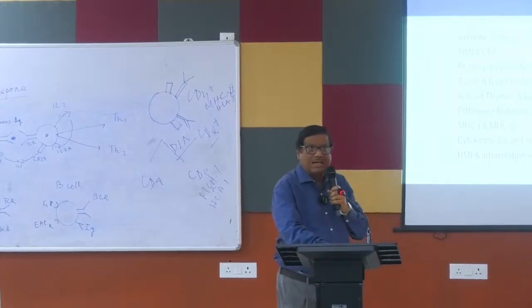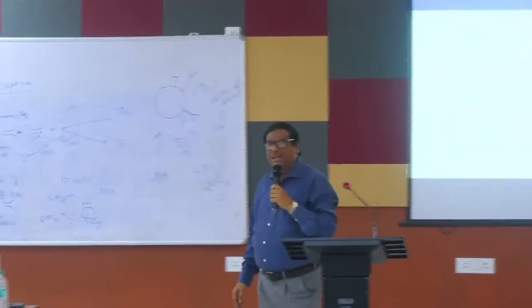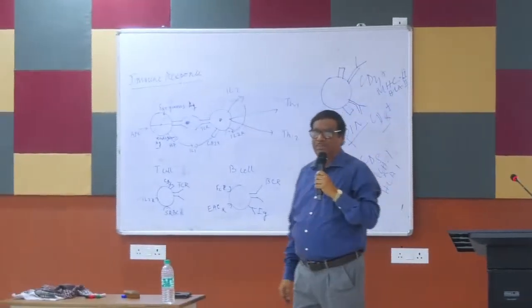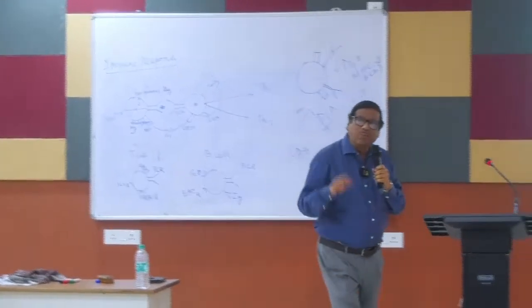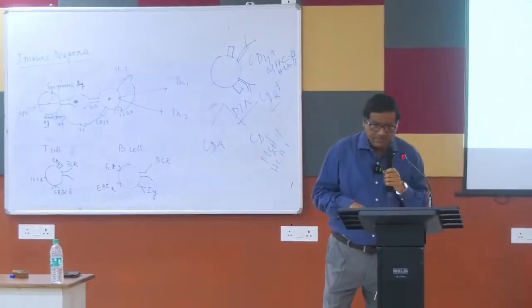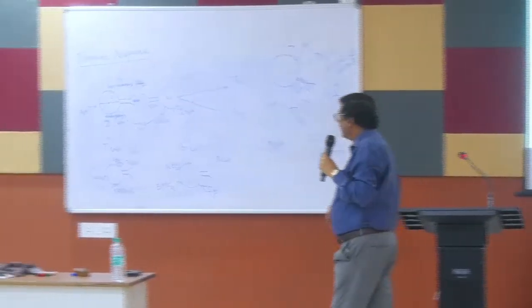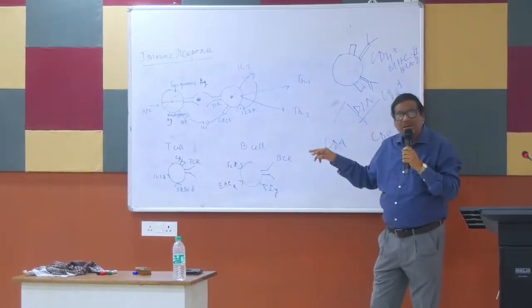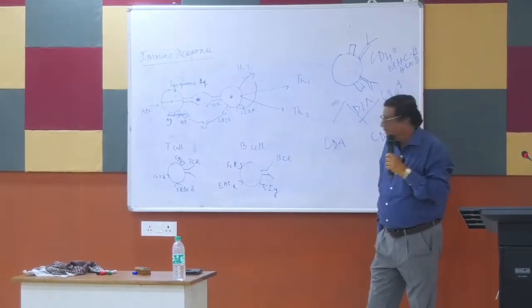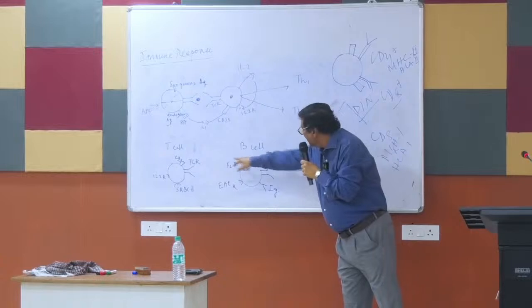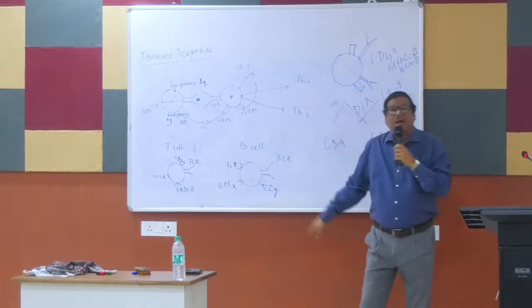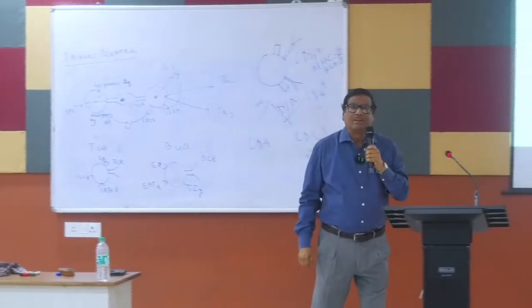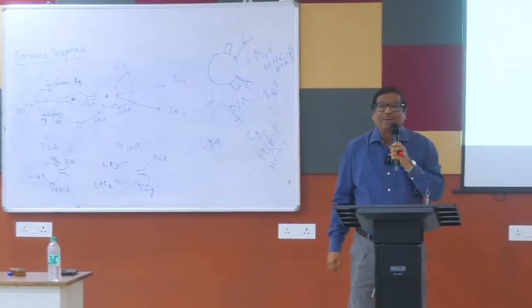The B cell, on the other hand, is formed within the bone marrow. Selectively within the bone marrow, the first immunoglobulin to appear is IgM. First immunoglobulin to appear is IgM.